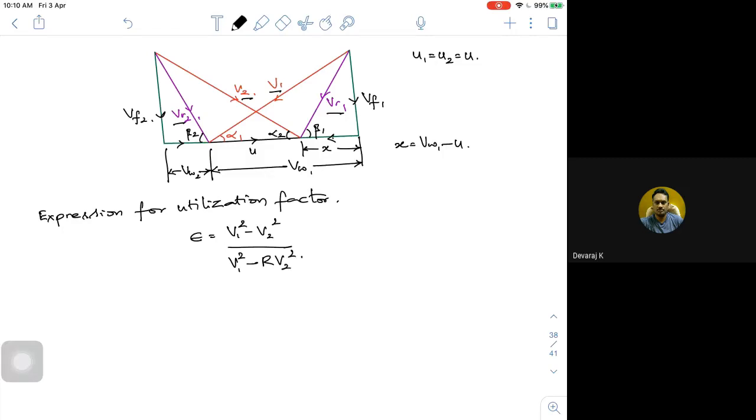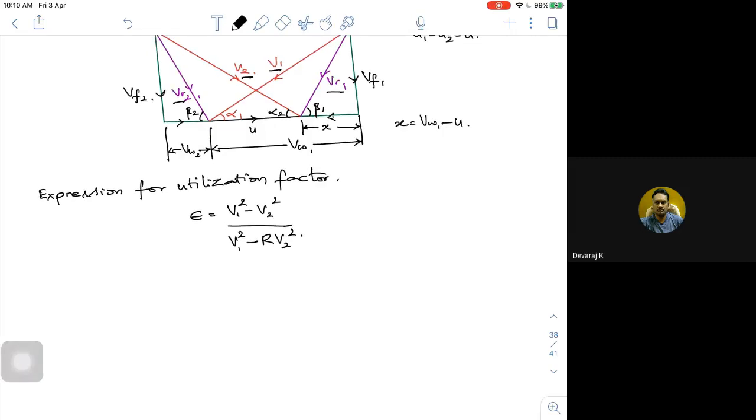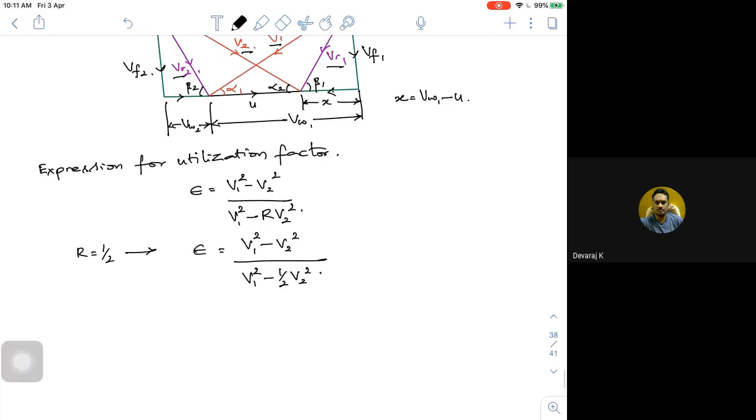Now we know the value of R here, it is 0.5. So we substitute R equal to half, and this expression becomes V1 square minus V2 square divided by V1 square minus half into V2 square. Let me call this expression number 1.